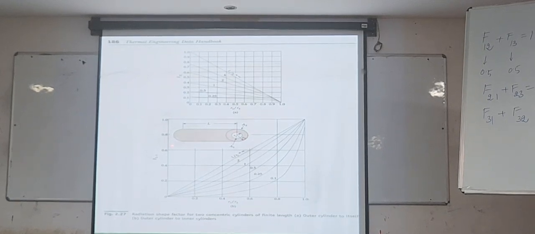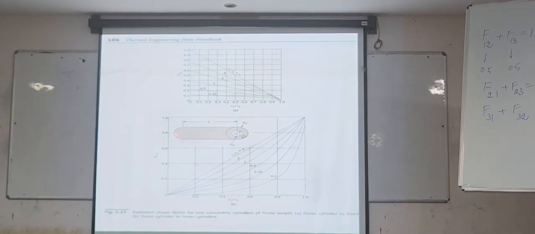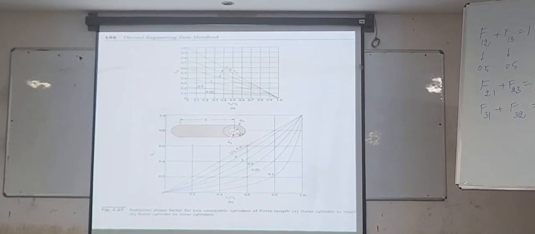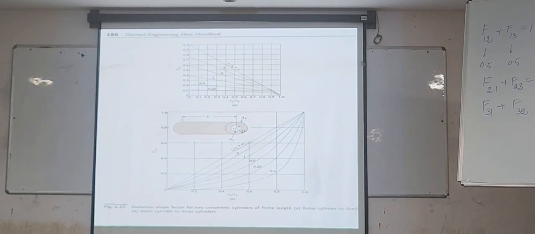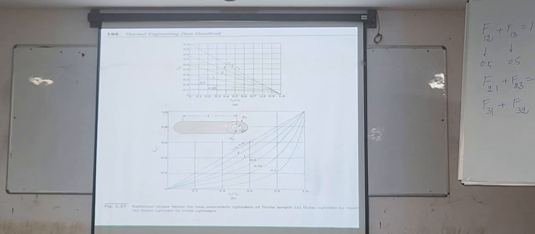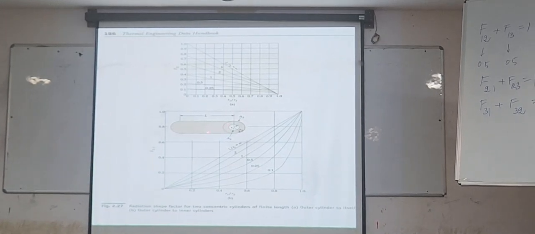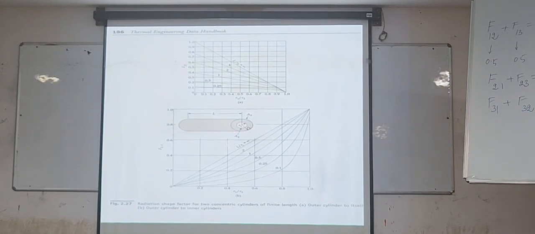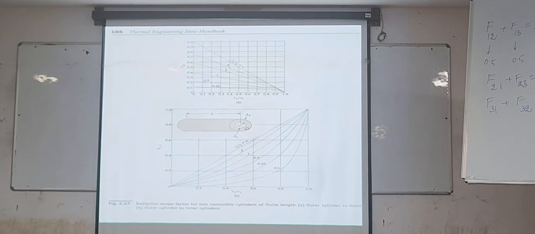If this is a cylinder of certain length L, it not only falls on the curved surface of cylinder 2, but also on the flat surface, the annular space between these two cylinders. Are you getting me? That is also possible on either side.